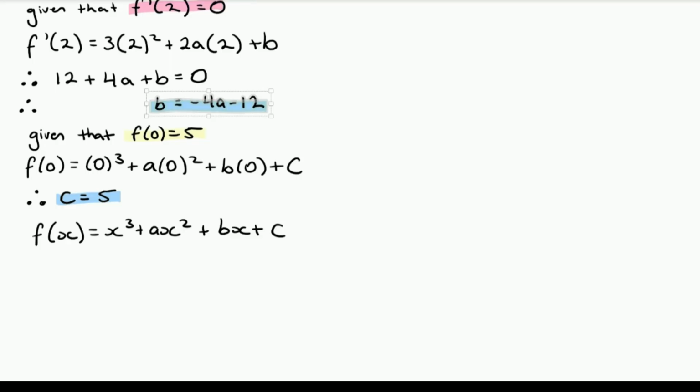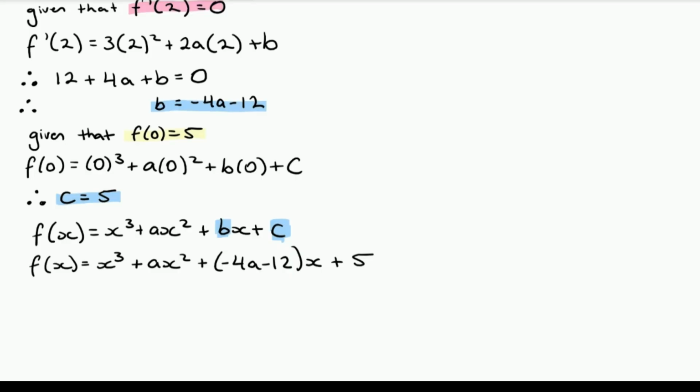So I can see that if I replace this b with this expression up there, then knowing that I also have a value for c, I could potentially solve for my a. So if I have my f of x now instead equal to x cubed plus ax squared plus, and I'm going to put in this b value instead, so minus 4a take 12, x. And instead of this c, I'm going to put in 5. So there we go, this is starting to get somewhere.